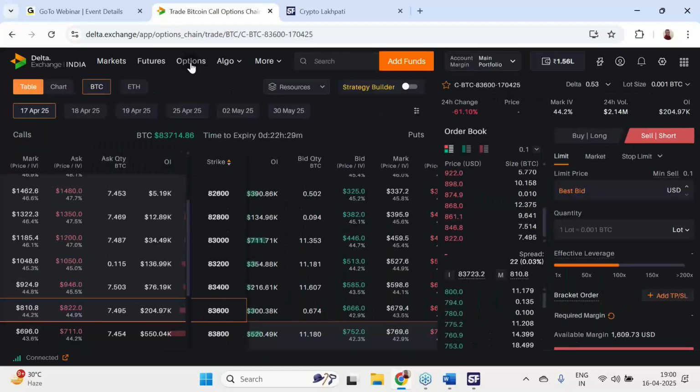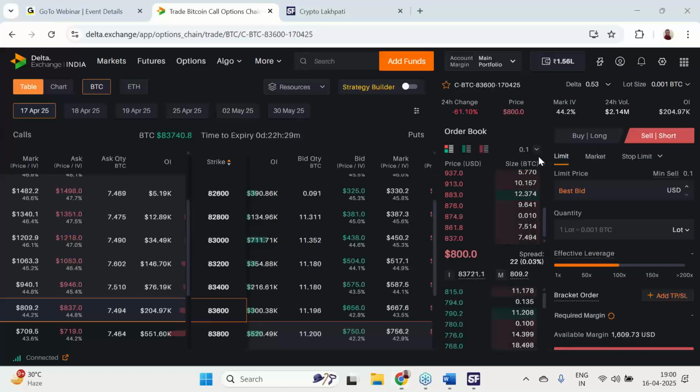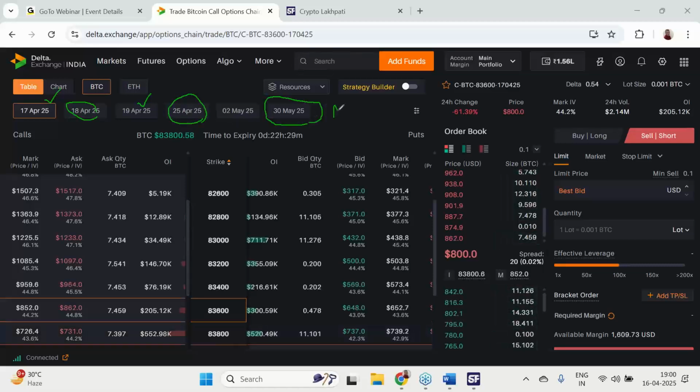First part. Second part, I have told you, since this is a continuous market, 365 days into 24 hours, no holidays, nothing. So it has weekly options, daily expiry options, and monthly options. So when you have daily, then weekly, then monthly, what happens here?